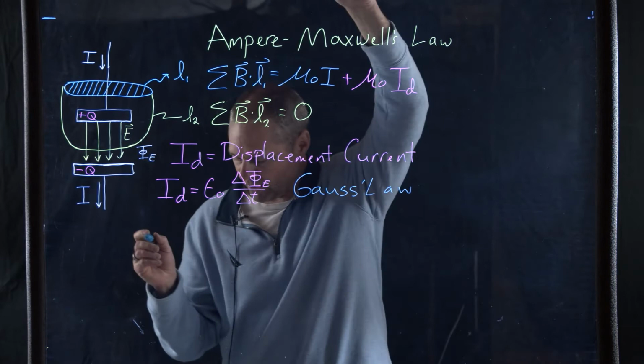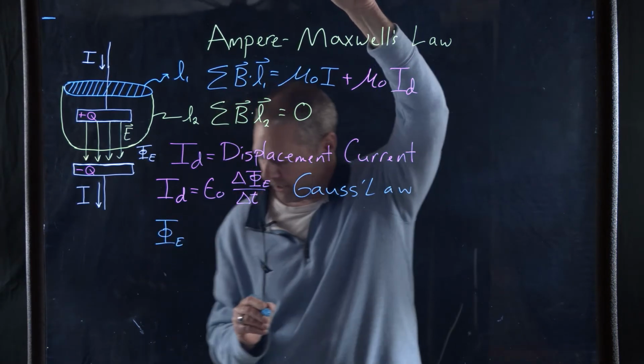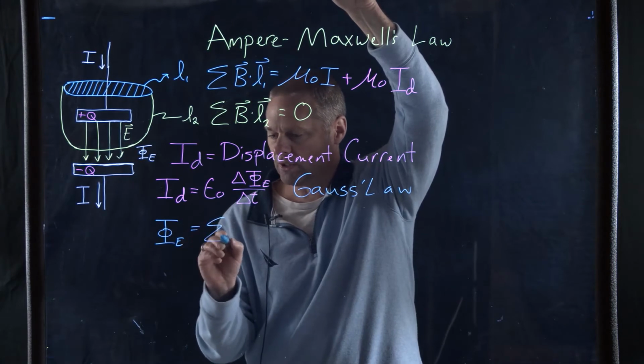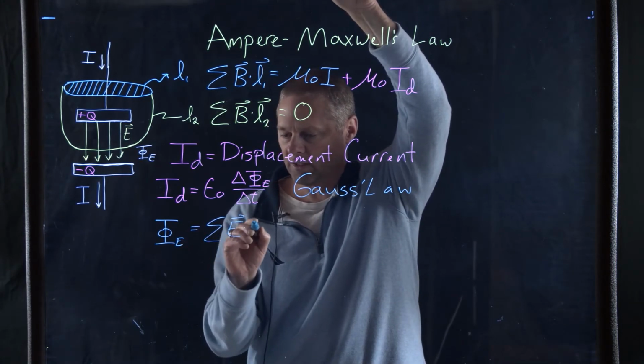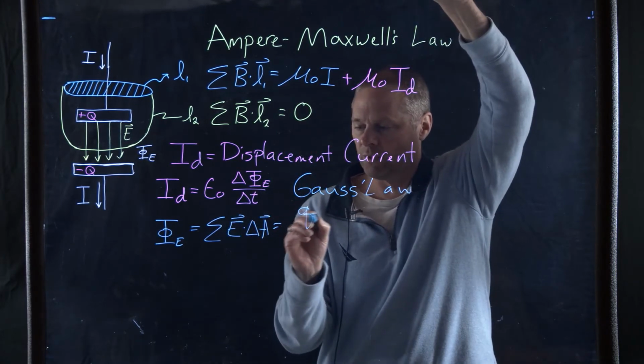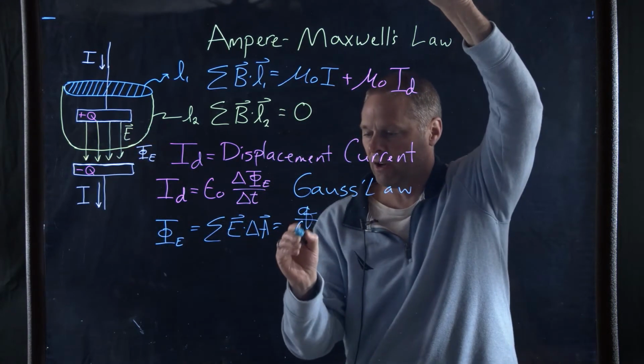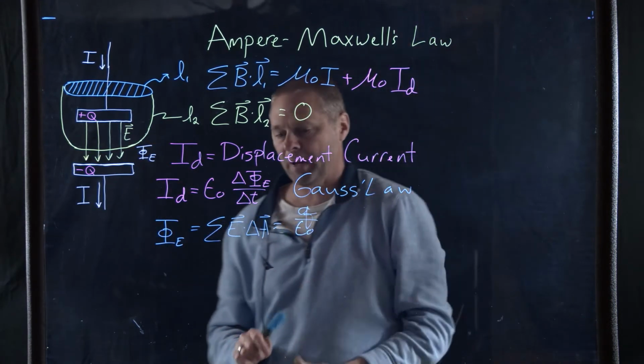Gauss's law states that the electric flux, the sum of the electric field times the change in area, is equal to the charge inside over the permittivity of free space.